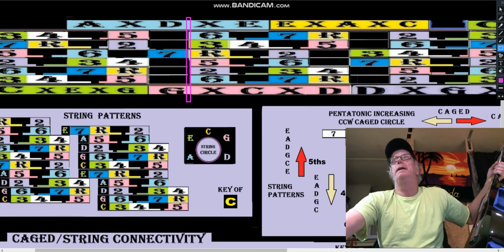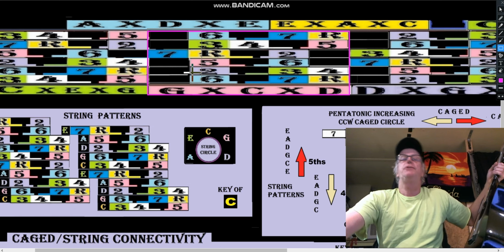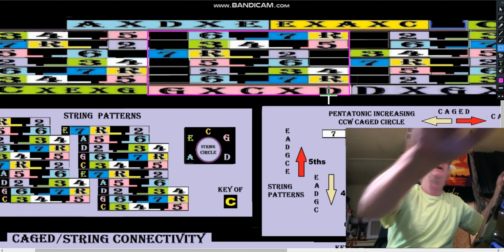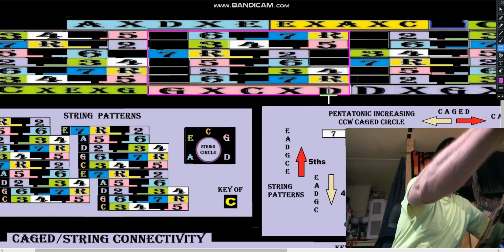Okay, but if we're in the key of C still, and we just want to look at the G box, I've been messed up with the drawing tool here. If we just want to look at the G tripentatonic box, remember, tripentatonic is 1, 4, 5. 1, 4, 5.